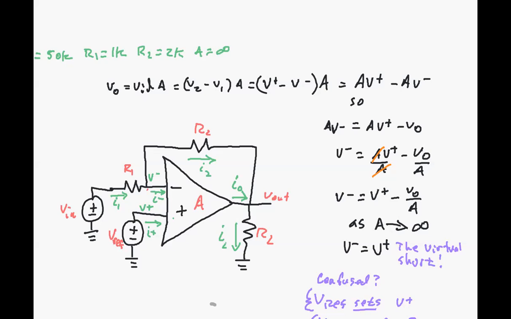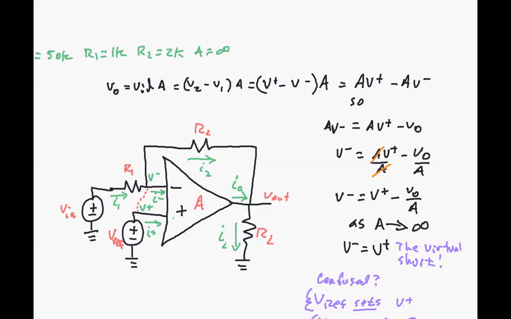So I'll just draw it in. That's the virtual short. It means that the voltage on node V minus is the same as V plus. It's not a current, and it's a little different from a short because it only goes one way, not the other way. Why is that?